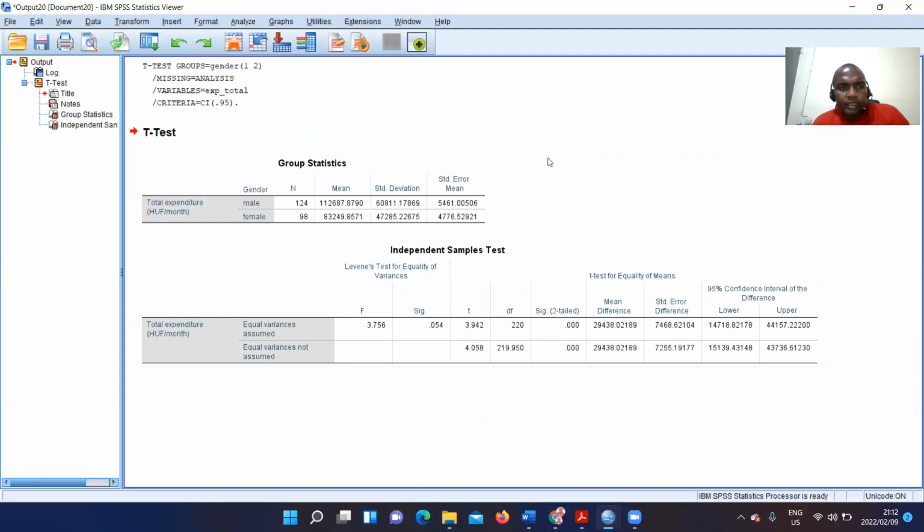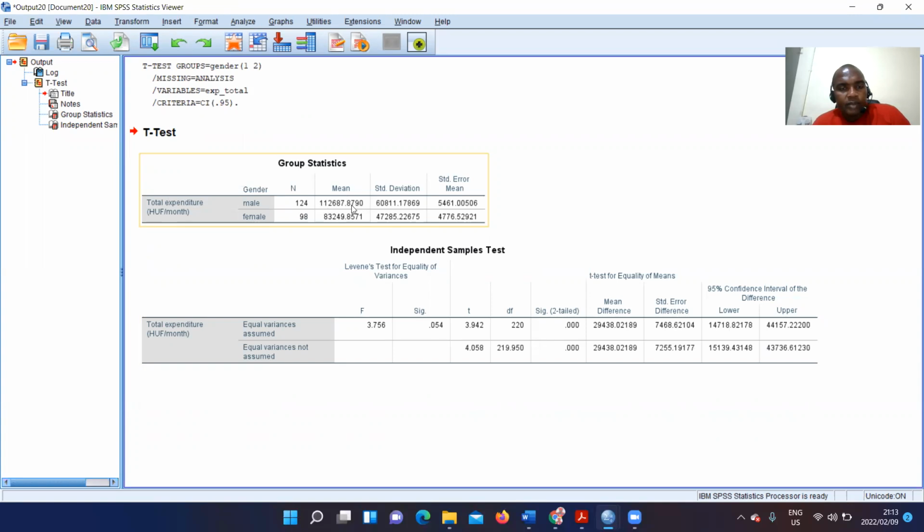Now, if you check, we have got the first table of group statistics, that there are 124 males and 98 females, which gives us 222 respondents in this study.